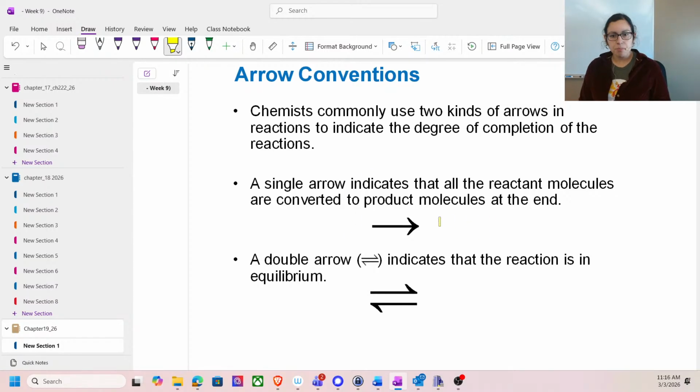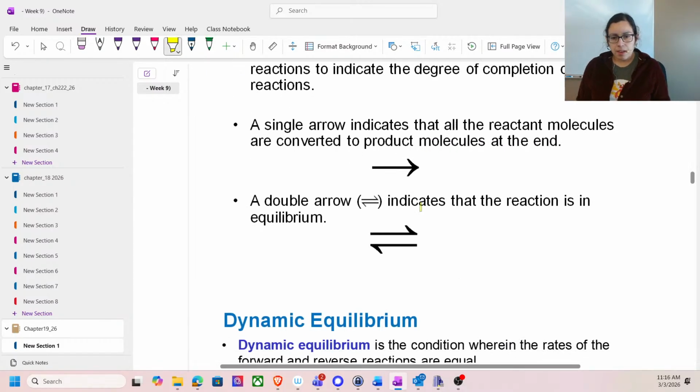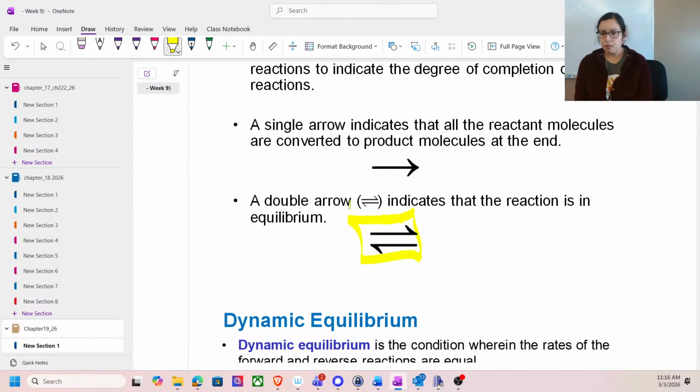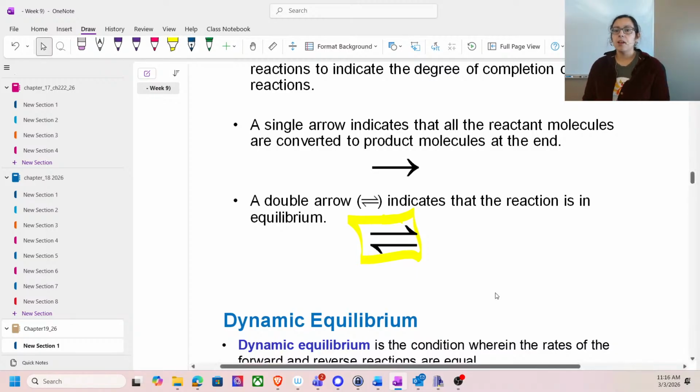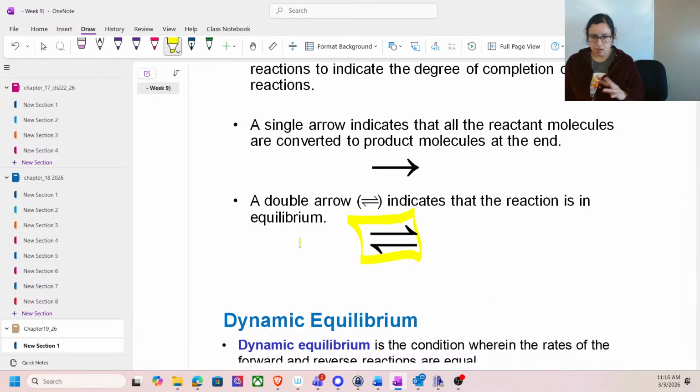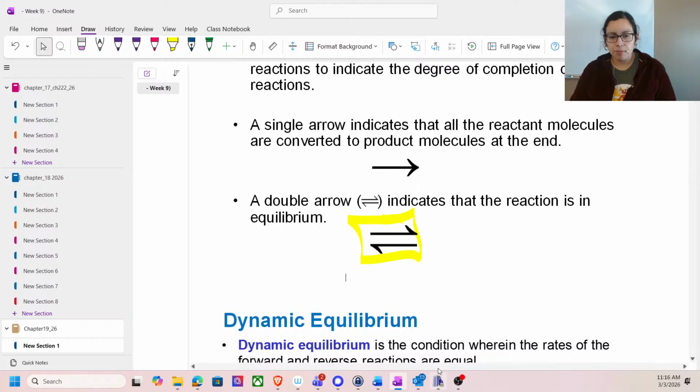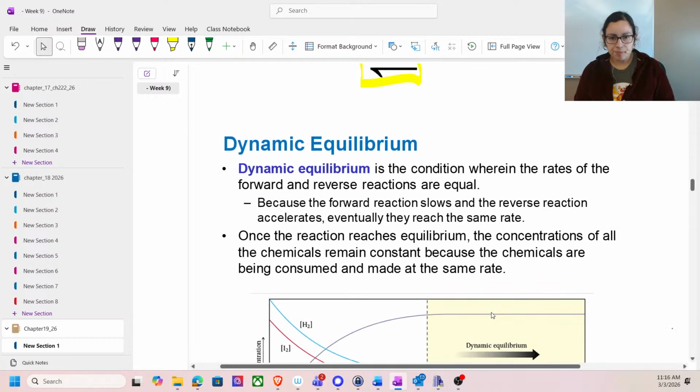This implies that they're not going to be going back and forth, that it's just going to go from reactants to products. Usually that's some sort of thermodynamic sink. And then we have this special arrow to indicate equilibrium, and like we mentioned, not to be confused with resonance. So this is actually reactions happening, so we're not just formally moving around electrons.